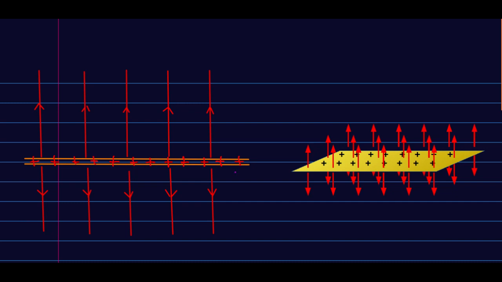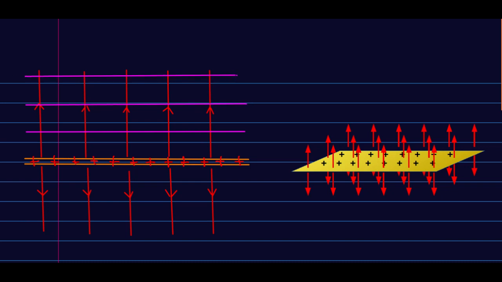Here is a positive plane of charge seen from the side, and we know that it produces a uniform field which is perpendicular to the plane everywhere. Well, remember that that field is perpendicular to the equipotential curves, and so the equipotential curves aren't really curves here, they're lines, because they must be perpendicular to this field everywhere, and the only way to make that happen is if they're straight lines which are parallel to the plane.